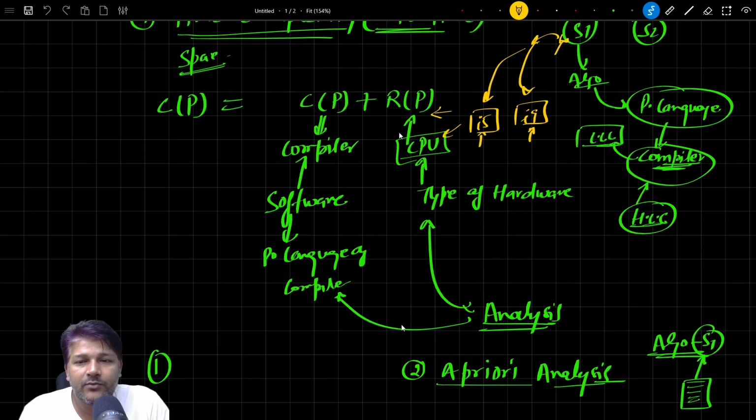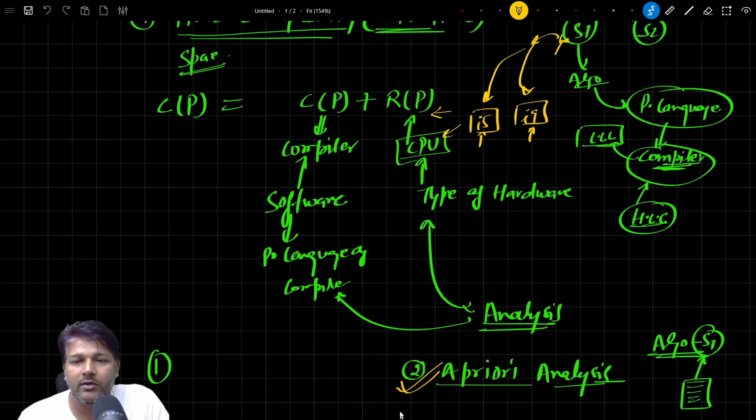So that is why if you ignore compiler time and other things, that approach is called a priori analysis, considering just the solutions, just the algorithm. We are not going to implement the algorithms, and we are not going to run and then check how much time it takes at the time of running. We have the algorithm. By seeing that algorithm, we can analyze the time complexity. We are not going to implement the code and then solve that time complexity when it will run in the actual scenario.